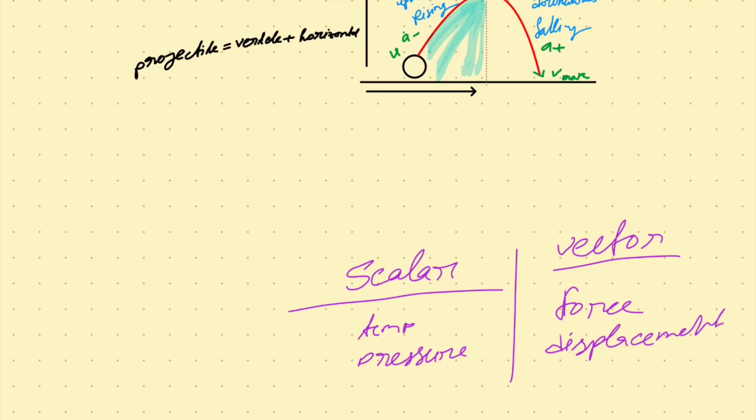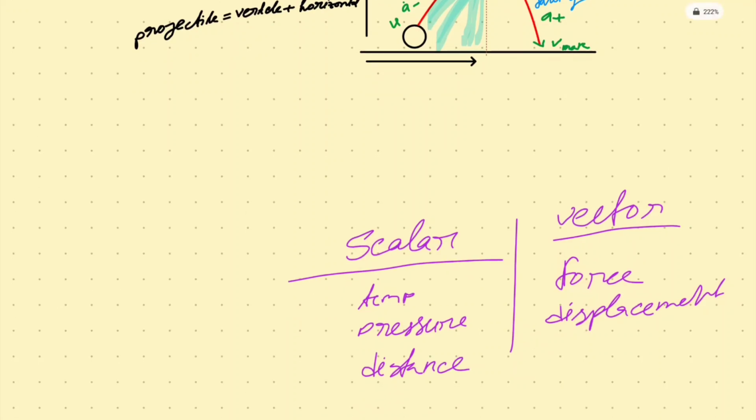Distance is a scalar, my mistake, and displacement is a vector. Speed is a scalar and velocity is a vector.